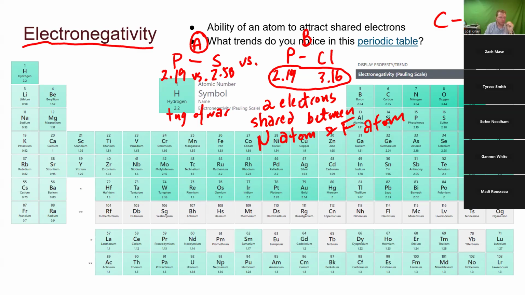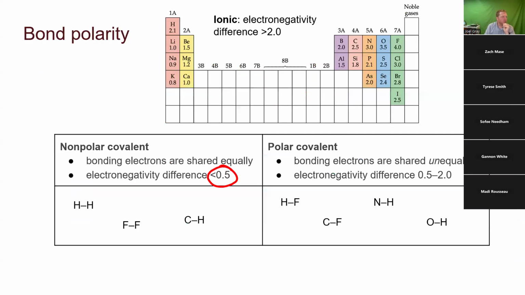You could say roughly 0.97. I like it. So is that greater than 0.5? It is. So when we were looking at these bonds, PS, it's about 0.39.